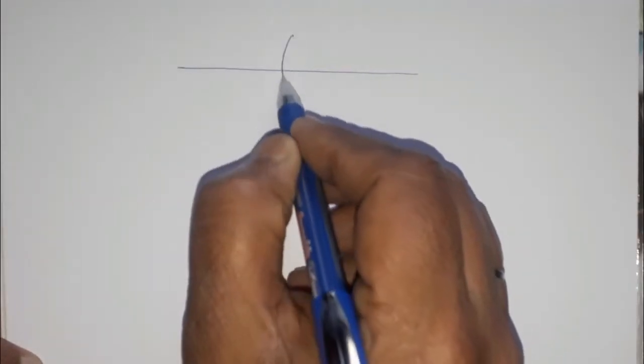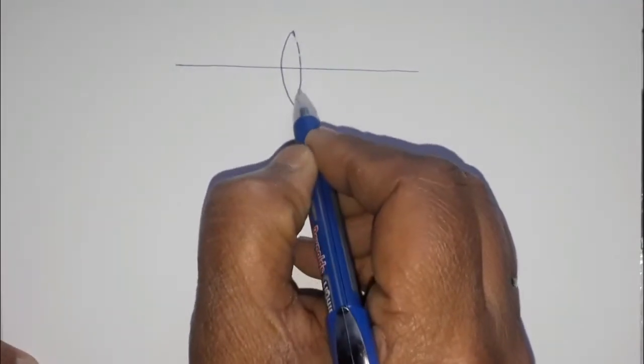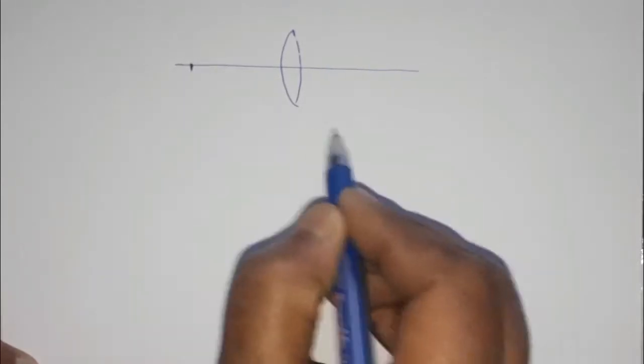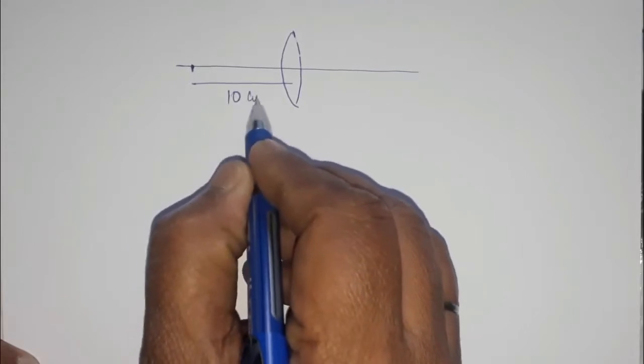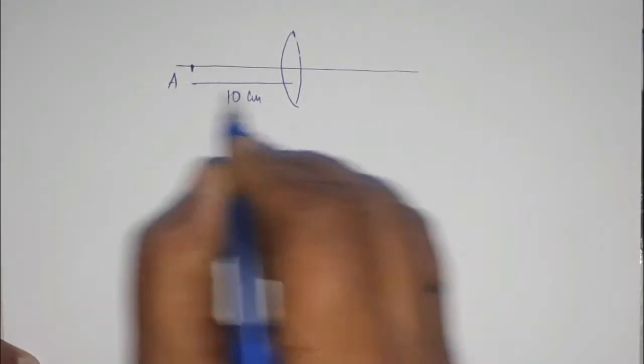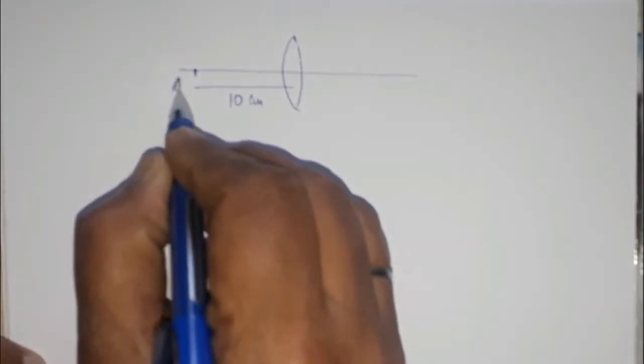The diagram can be like this. This is a lens. This is the object O, at 10 centimeter from the lens.